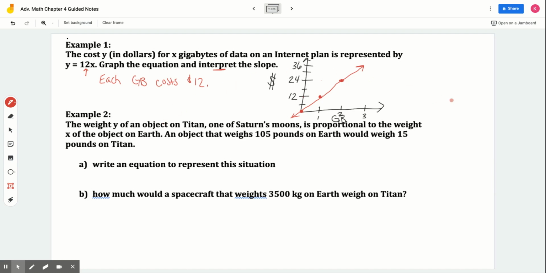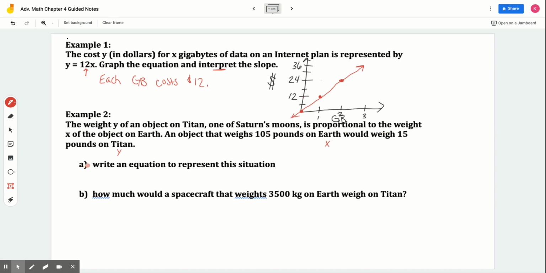The weight of an object on Titan, one of Saturn's moons, is proportional to the weight x of the object on Earth. An object that weighs 105 pounds on Earth would weigh 15 pounds on Titan. Now, if we go back, we see that Titan's weight is y, and the weight on Earth is x.